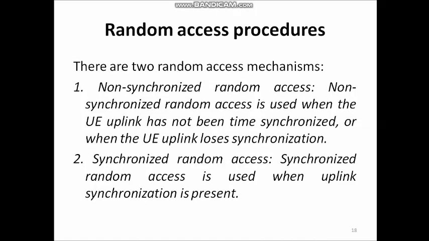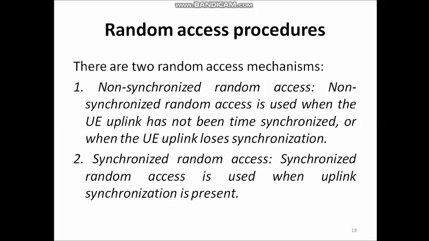Okay, next topic is random access procedures. In LTE system, 2 types of random access mechanisms are used. First one is non-synchronized random access, and second type is synchronized random access procedure.